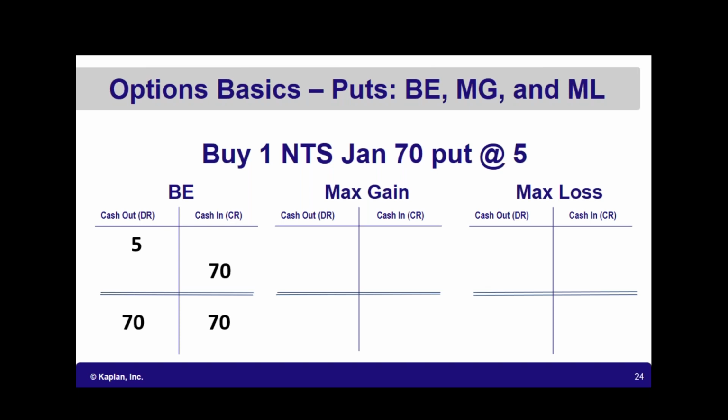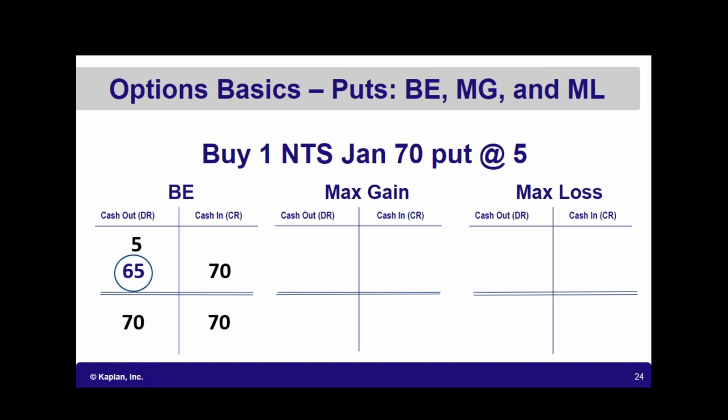But in order to break even, whatever I receive in, I've got to pay out in total. Or whatever I pay out, I have to receive in. Bottom line, I've got to go buy the stock. And I don't want to pay any more or less for the stock, with the option combined, that will net me more or less than 70. So I want to hit 70 right on the nail.